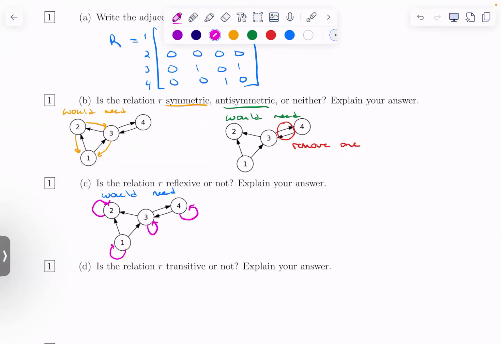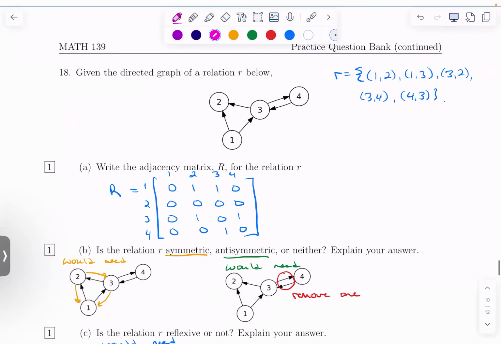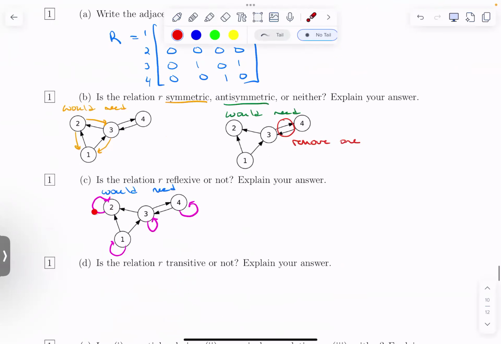All those would be missing. I'm not going to use the wording, find the closure, for it to be reflexive, for example, but the closure would be these original relations as well as the ones that are missing. And it would be the adjacency of each one.